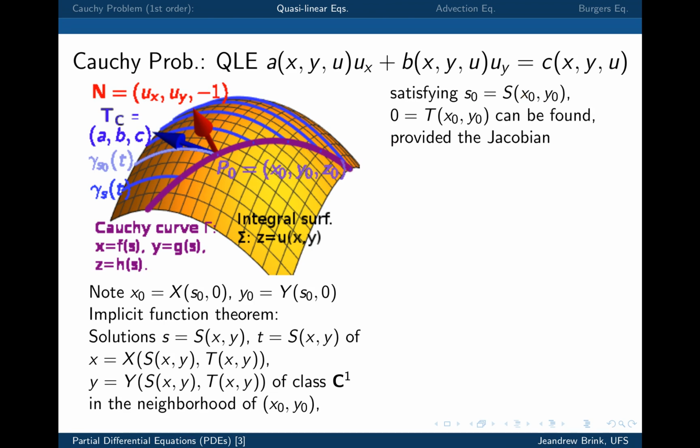And this implicit function theorem is basically this condition. This solution exists provided the Jacobian, and the Jacobian is the derivative of x with respect to s, the derivative of y with respect to s, evaluated at the point P0, the derivative of x with respect to t, the derivative of y with respect to t, also evaluated at the point P0. You form a matrix that way, and you take the determinant.